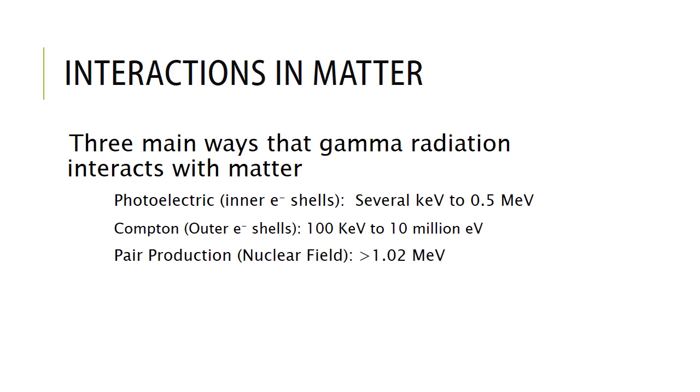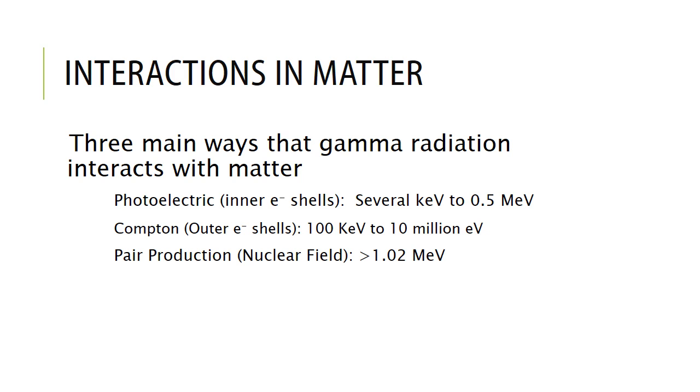As they pass through matter, photons interact with the atoms, and that type of interaction is a function of the energy of the photon, so how energetic that photon is, and the atomic number of the elements composing the matter. For right now, we're going to focus on gamma radiation.